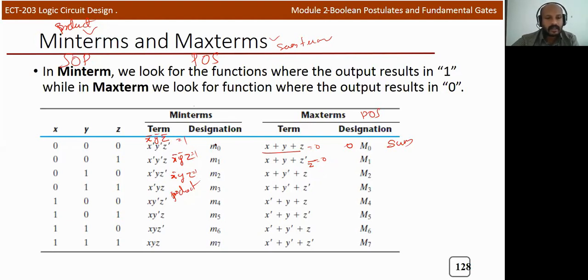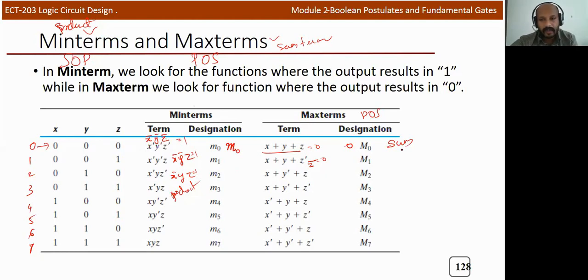And in another way we can say that these are 0, 1, 2, 3, 4, 5, 6, and 7. If it is 3 variables, the values 0 to 7 represent the binary representation of the decimal values 0 to 7. So I can represent the min term by a small letter m with suffix 0, which indicates min term 0, or the representation x bar y bar z bar, or we can say 0 0 0.